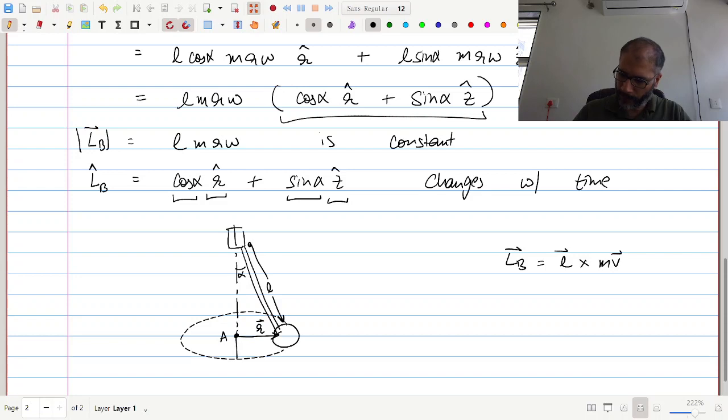If we visualize these directions, the vector L actually comes out to be in this direction.